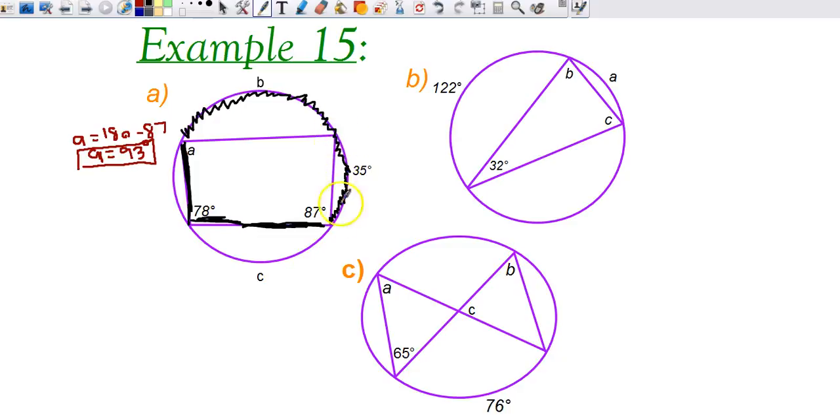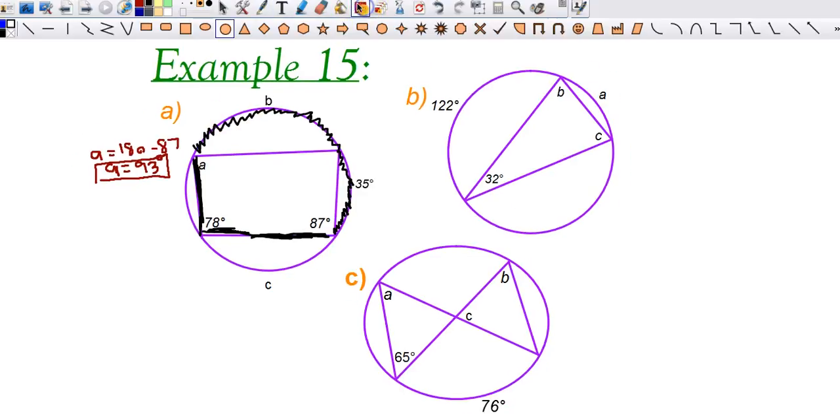So I'm including this 35 degrees and the B. If you ignore the rest, you have an inscribed angle, which is half of this arc, which represents B and 35. Okay?